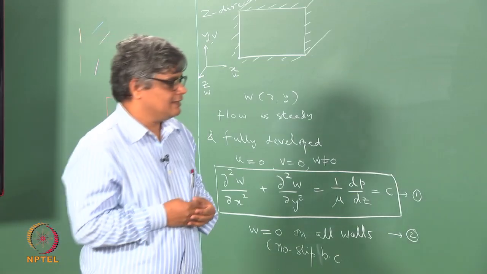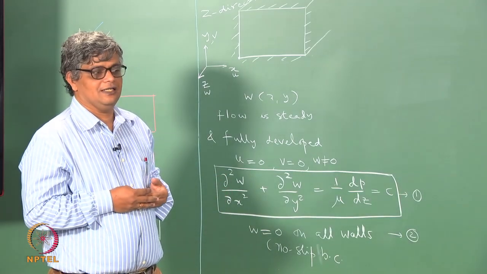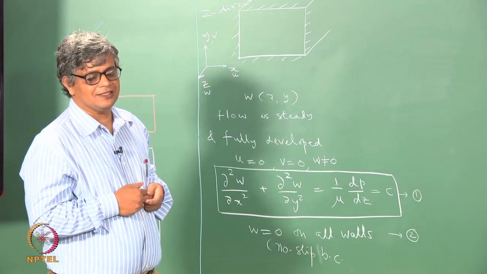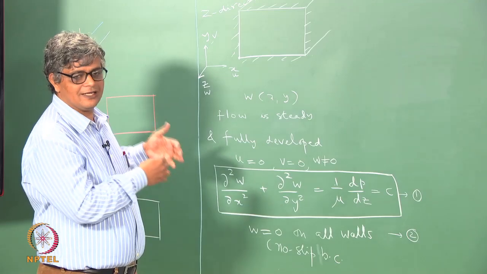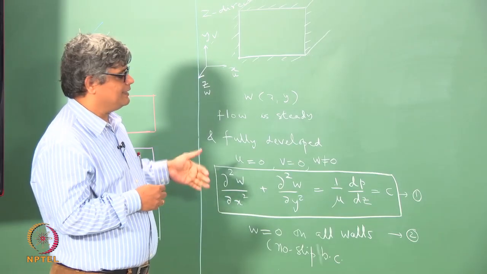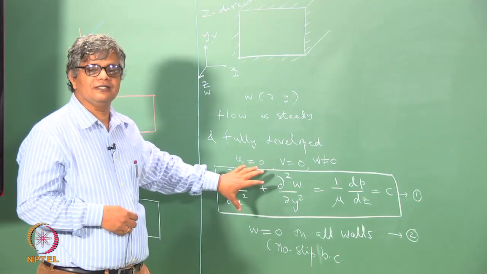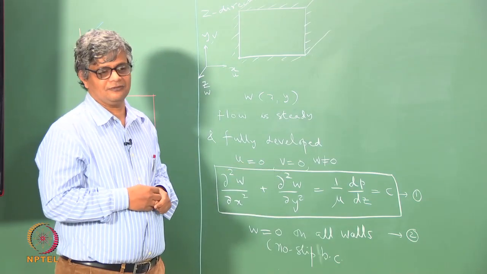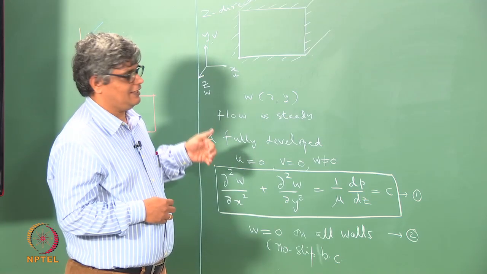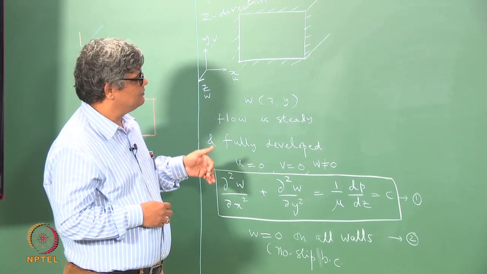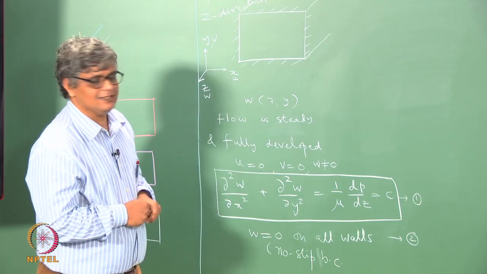So, we will make approximations, but it is possible for us to control the error contained in these approximations to some extent. If we make sure that the error is small, then we can get an approximate solution to this problem which will be sufficient for many of our engineering purposes. So, with that kind of restriction and assumption on what CFD can do, we will go ahead and try to solve this problem in the CFD way.